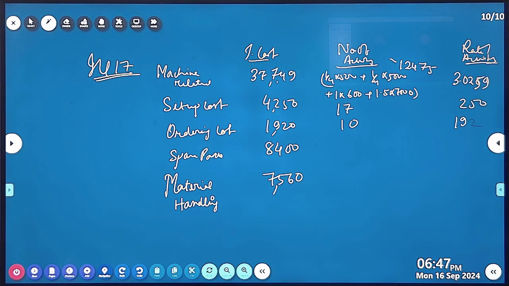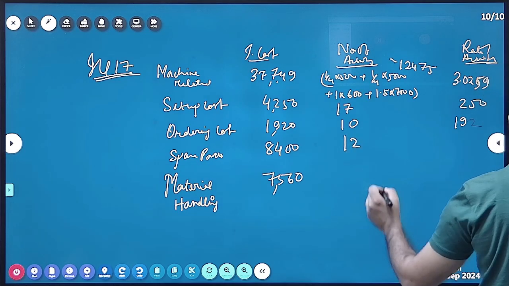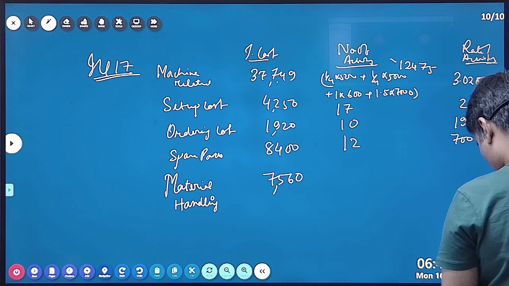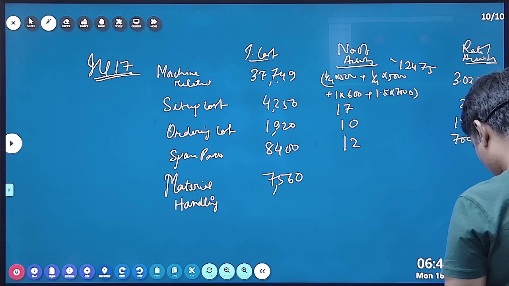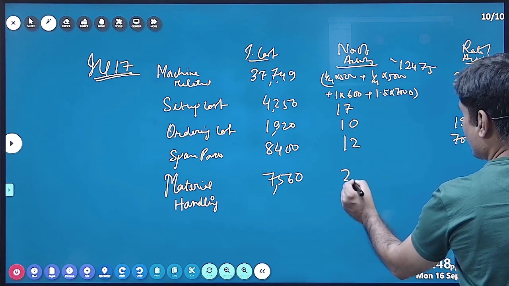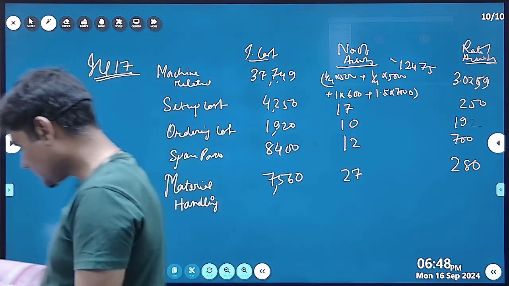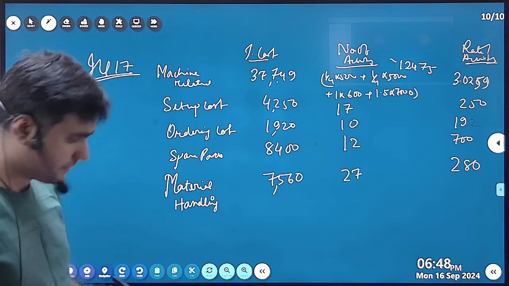Spare parts 12. 8400 divided by 12, 700. Then material handling, 12, 12, 24, 27, 280. So we have got the rate per activity.